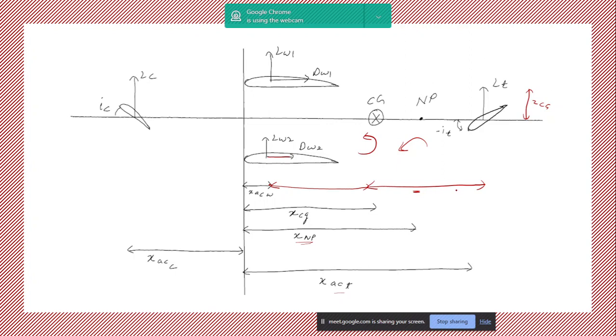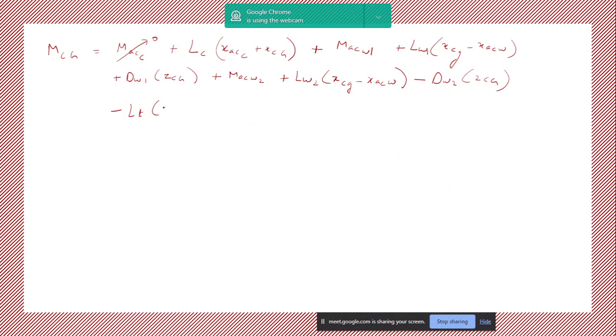That will be XAC of the tail minus XCG. Any other forces that we are leaving out?